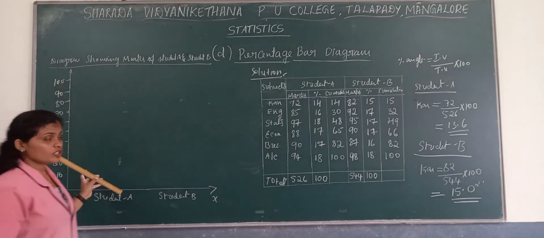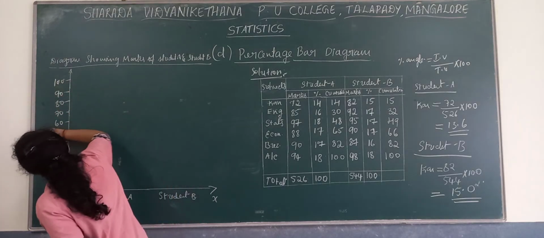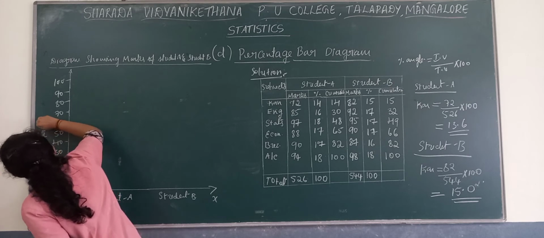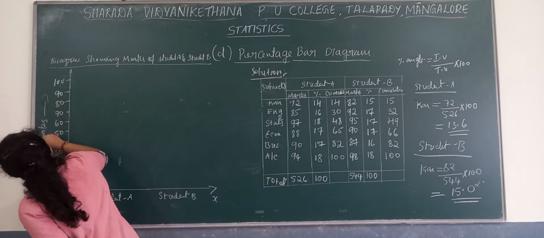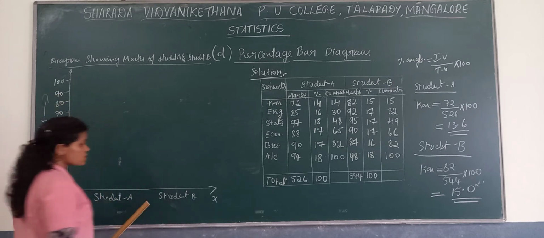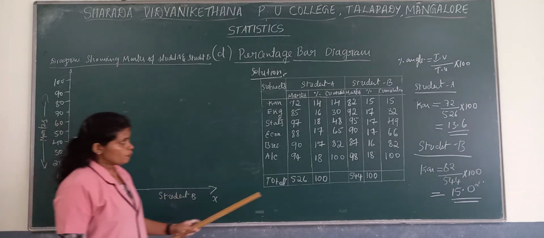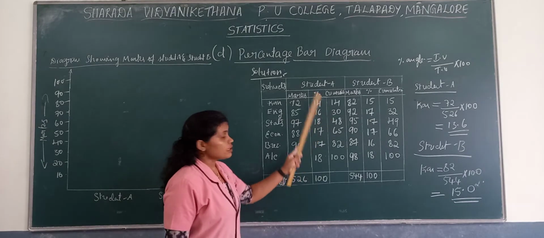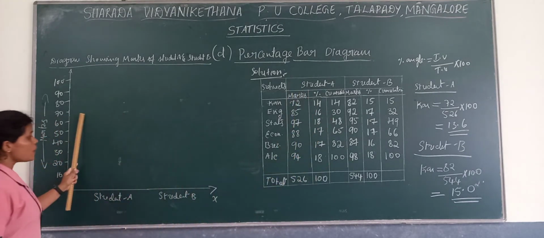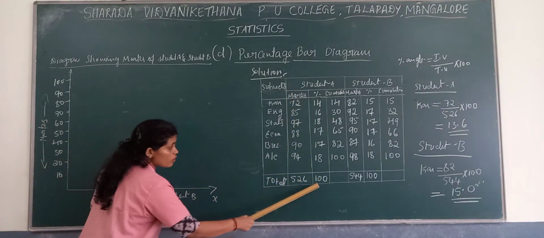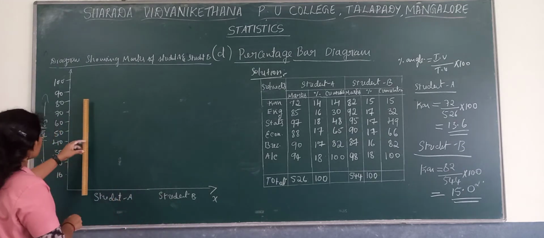Now, what was that? That is marks. Here we represented the marks, here we represented the students. Now we'll draw the bars. As I said, the total of the bars is always 100.